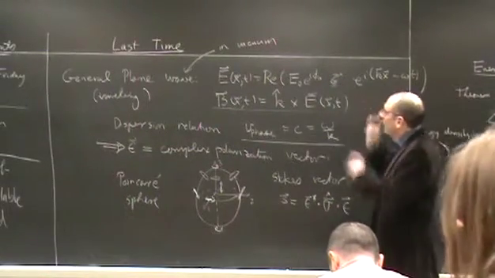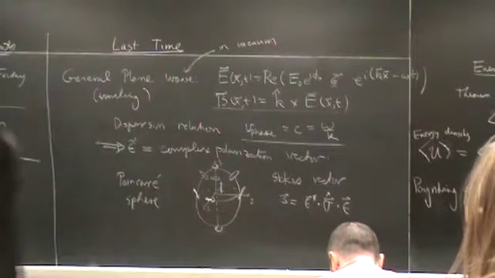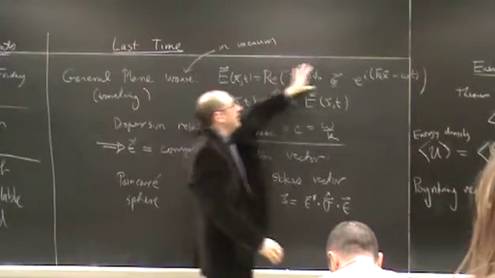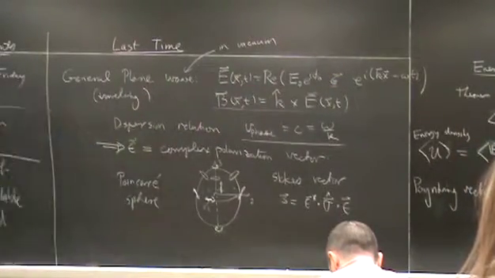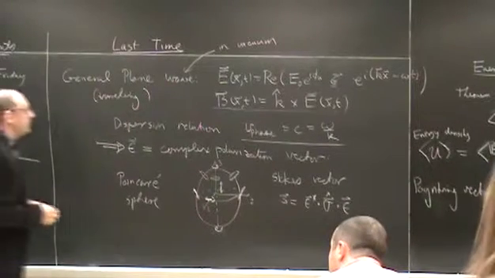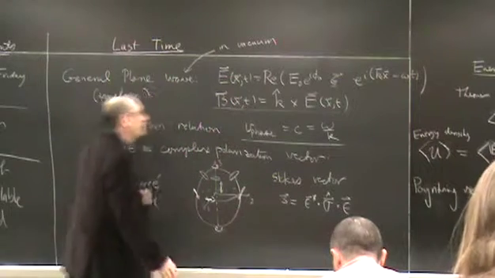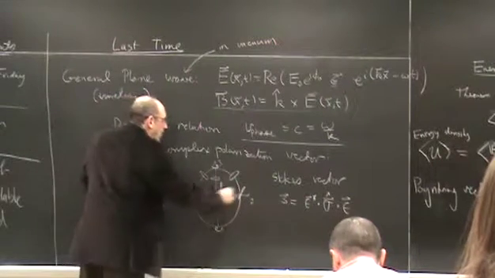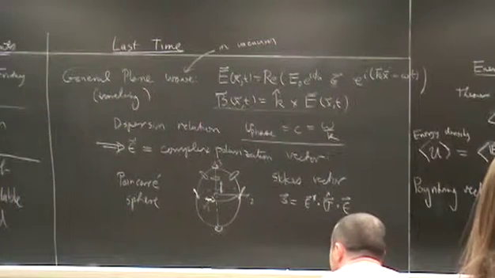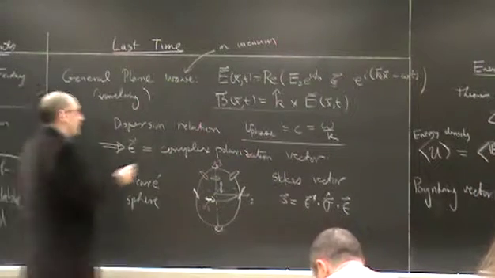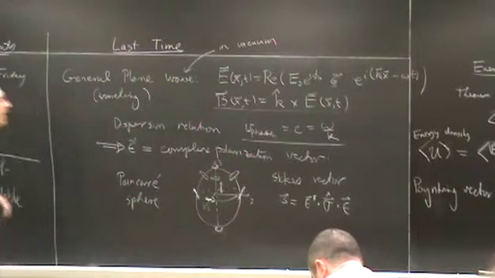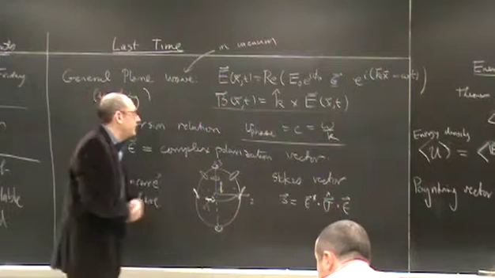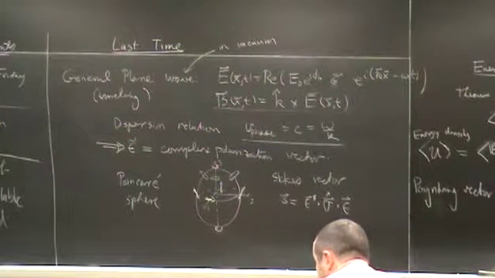To the degree to which this is a pure polarization, we're not talking about statistical fluctuations of light, we're talking about a so-called pure state of polarization, then we can represent that vector as a point on the Poincare sphere, where the equator of the sphere represents all possible linear polarizations, and the north and south pole are right and left circular polarization, positive and negative helicity, and all the other points on the sphere are some form of elliptical polarization.